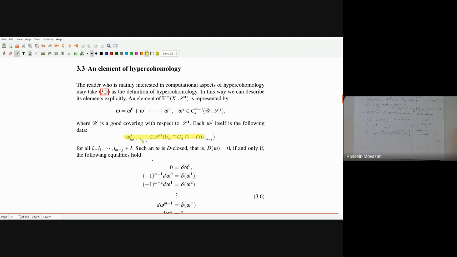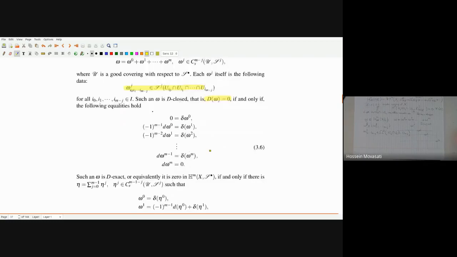To keep this in mind, the upper index is the differential j-form degree, and the lower indices are the indices of open sets. And so we must have d omega equal to 0. When we write down explicitly the definition, it will turn out we have a bunch of equalities.